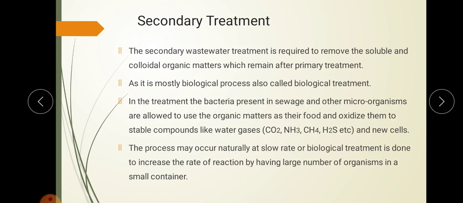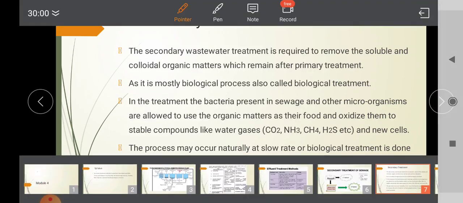Sometimes it may occur naturally, and other times we use biological treatment units by adding more organisms in order to increase the rate. So in secondary treatment we are using biological organisms to increase the rate of conversion of organic matters into stable compounds.